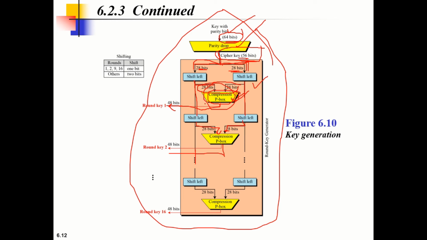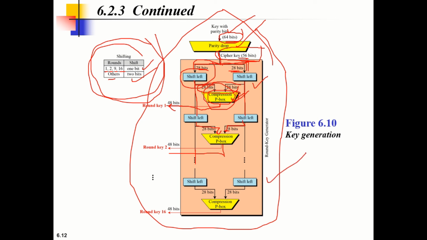Now for shifting the bits of the key we have this rule: for rounds 1, 2, 9 and 16 we shift only 1 bit, and for other rounds we shift 2 bits. So that is the thing we have to consider while generating the keys, right? So this is the whole process of key generation. This is how we generate keys for each and every round.